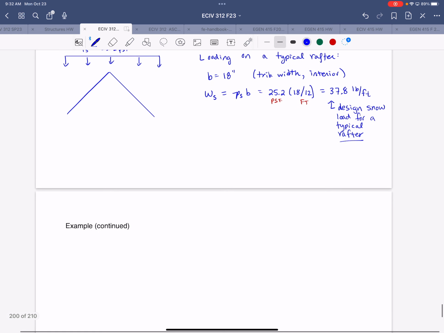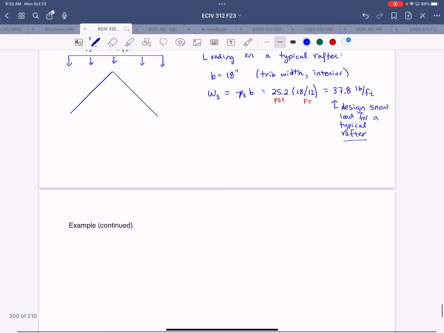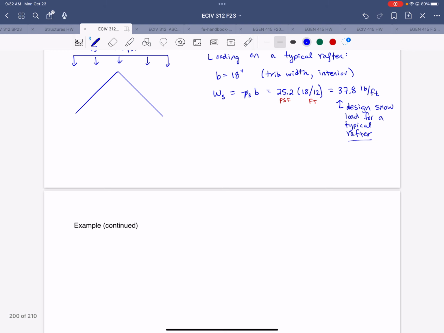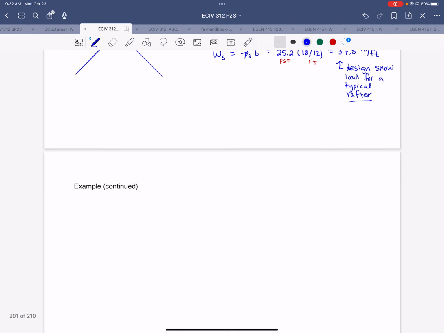All right, so now we're going to assume that this rafter is simply supported, right? It's not stated in the problem, but based on the description of the roof, we can assume that's a very common configuration for roof rafters and joists.